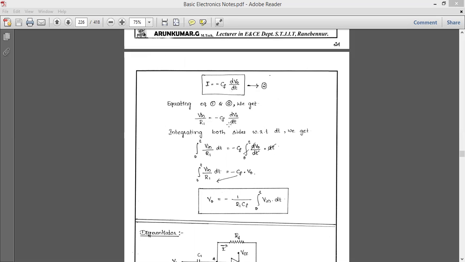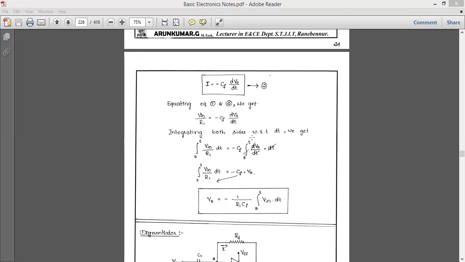To remove this d by dt, apply integration on both sides. If we apply integration with respect to time t, we get the integration from 0 to t of Vin divided by R1 into dt is equal to minus Cf, as the minus sign remains as it is.